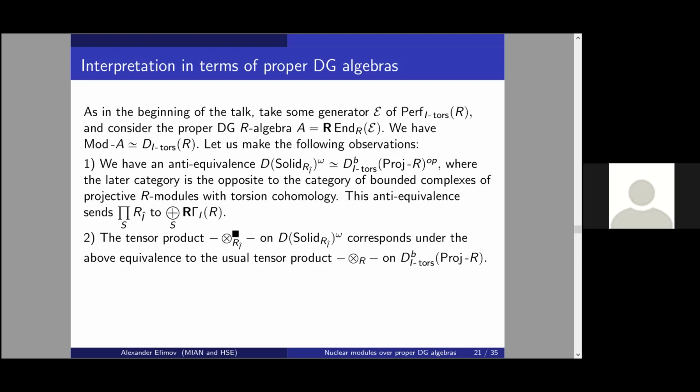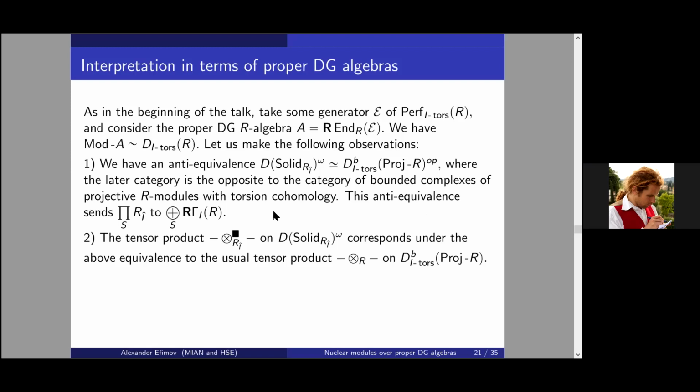In this particular case, you can consider R equals Z_p, or R equals Z. When you write I-tors, does this mean that the cohomologies are torsion? Cohomologies, yes. So you consider bounded complexes of free abelian groups whose cohomologies are p-torsion, but there is no boundedness condition for the powers of p that occur. So, for instance, Q_p mod Z_p lives in this category.